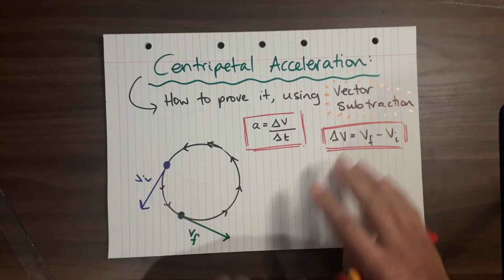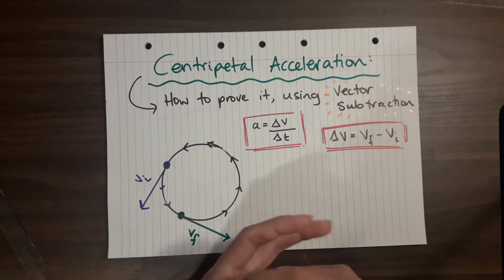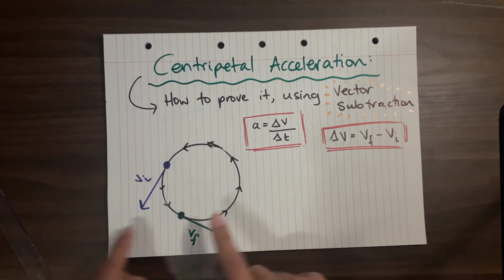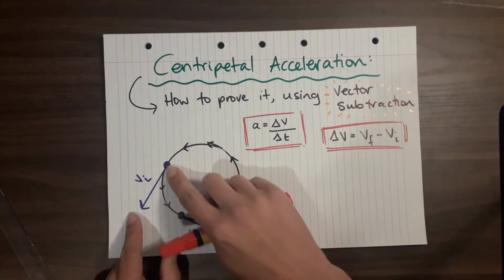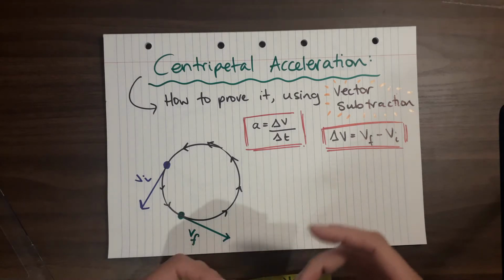Remember that if you want to find the change in velocity, it's going to be your final velocity, take away your initial velocity. So what we've got here is two vectors, two arrows showing our velocity initially and at a final point. What we have to do is take these vectors together, manipulate them and find the difference.